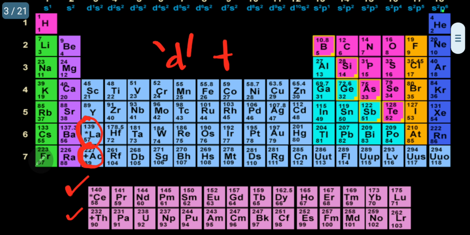According to the IIT syllabus, students are advised to memorize up to atomic number 30. But according to me, students should memorize the first group, second group, and then the 13th, 14th, 15th, that is, all P block elements.